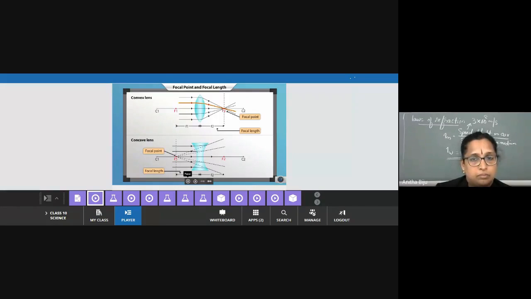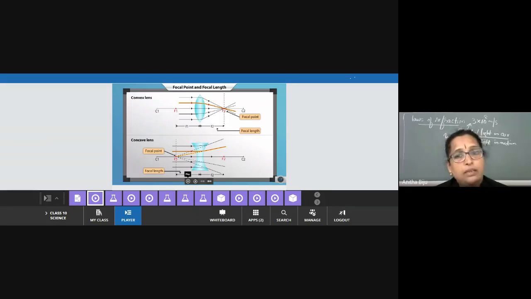In the case of a concave lens, the ray of light appears to diverge from the second focal point. So you need to draw this diagram in your copy. This is the diagrammatic representation of the focus of a concave lens and convex lens: focal point and focal length.